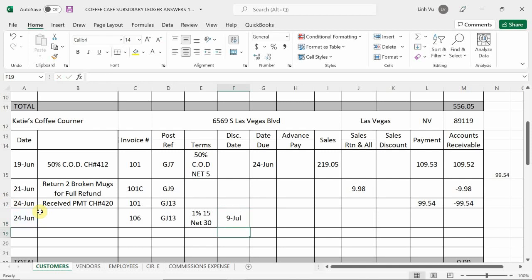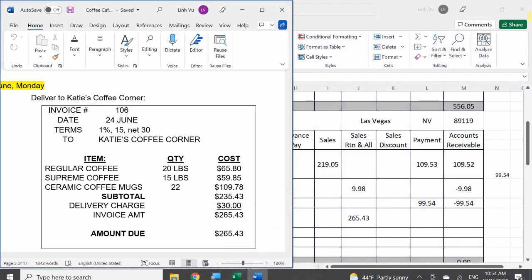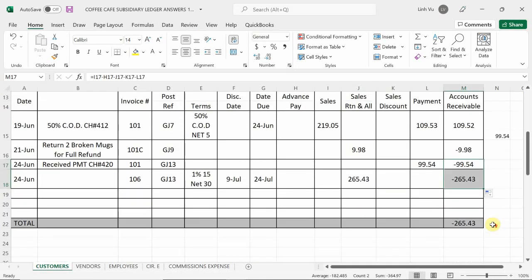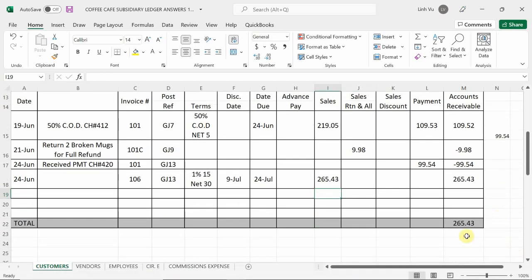July 9th. And when is her actual bill due? The 24th of July. And she owes me $265.43. Oh, I'm in the wrong column. Therefore she owes me 265.43.